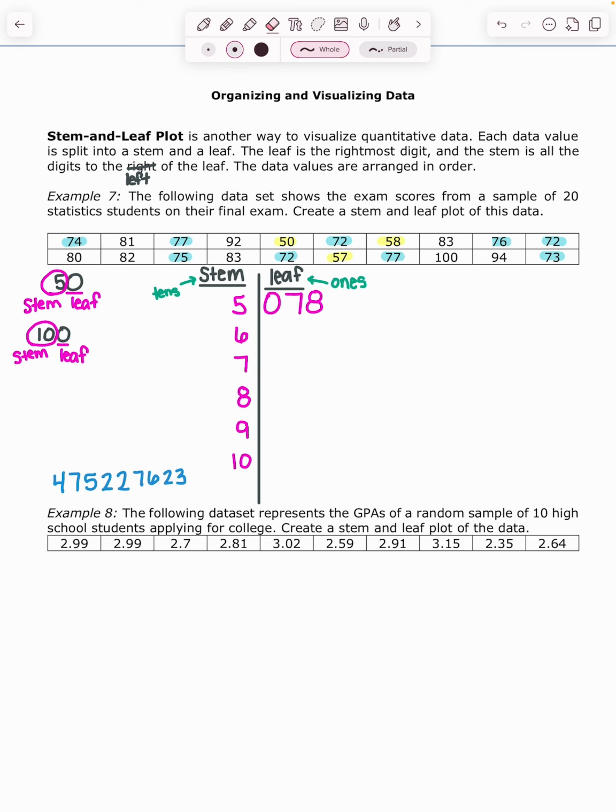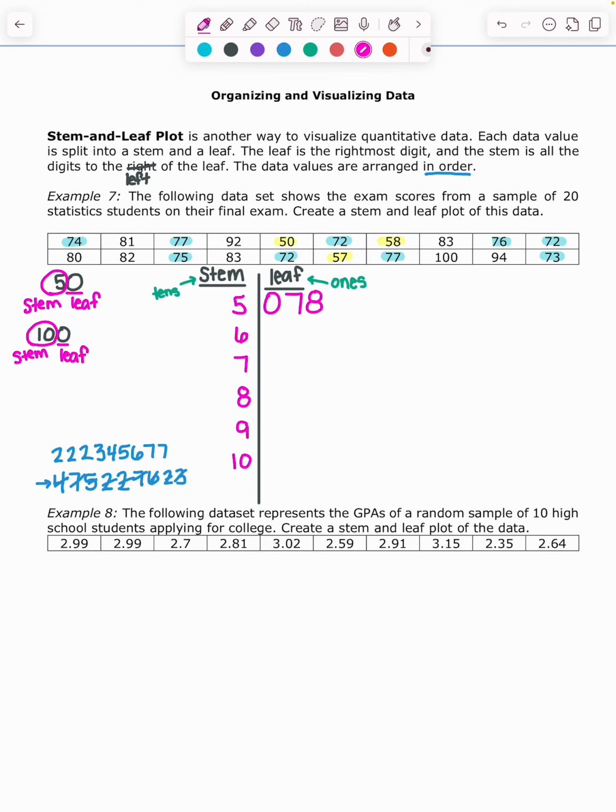And what I've written down here in blue are just the numbers in the ones place. And I did this because I need them to be in order. Up here, the definition, arranged in order. So I need to put these in order. So that would be 2, 2, 2, 3, 4, 5, 6, 7, 7.